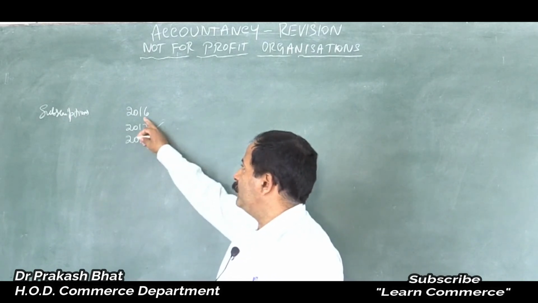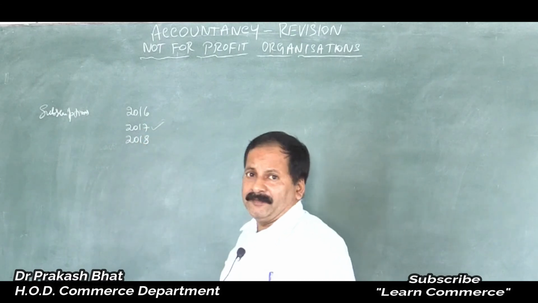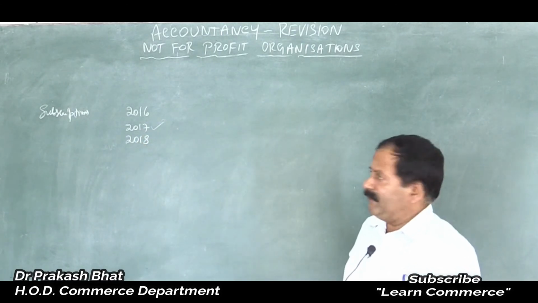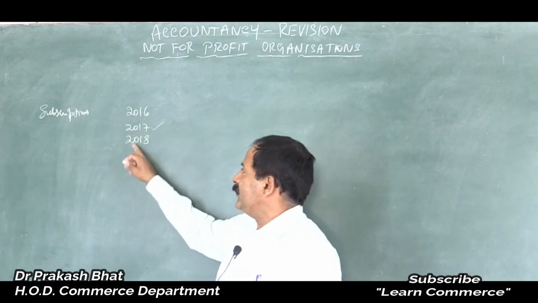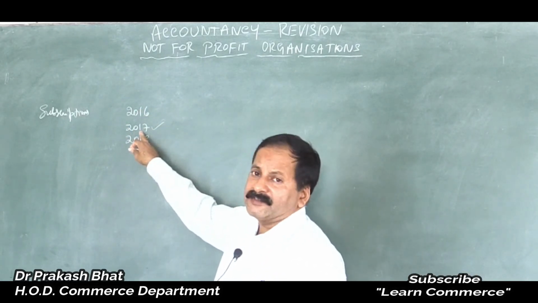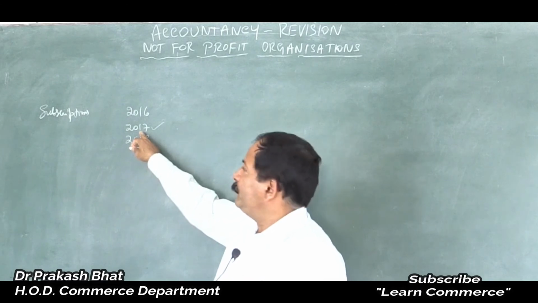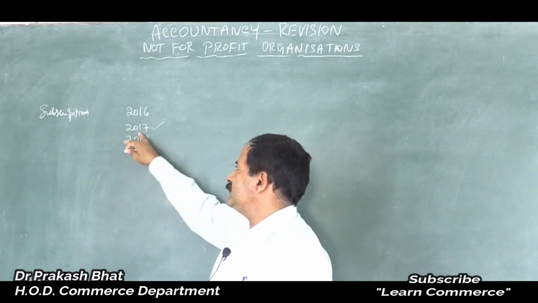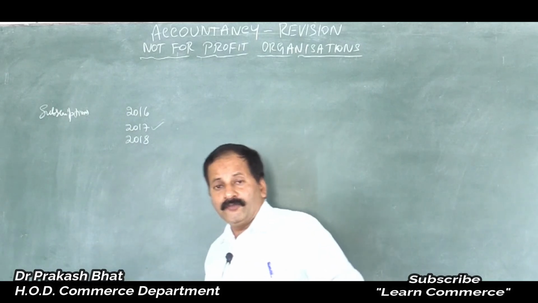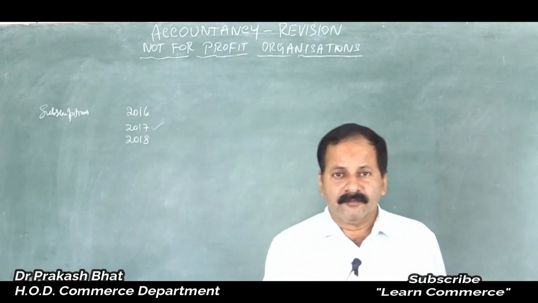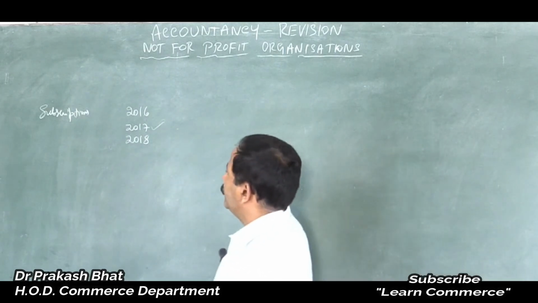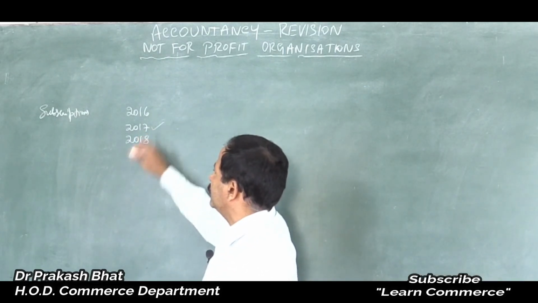Don't bother about the others because they are separately given. You are supposed to add or deduct only when the amount of last year and next year is included in the current year's figure. If the amounts are given separately for different years, the 2017 amount belongs to 2017 only. So in that case, you need not deduct or add to this figure.